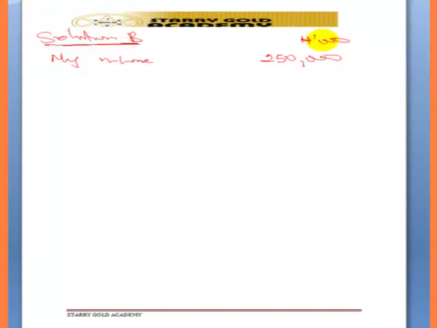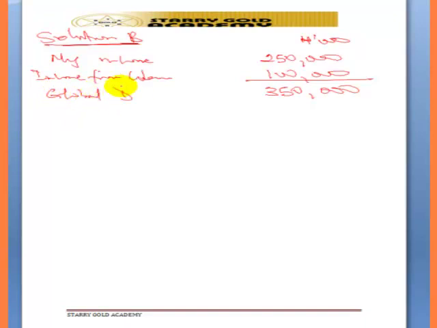The global income will be Nigeria income, which is now 250 million. Then income from Ghana is now 100 million. So we have 350 million as the global income.